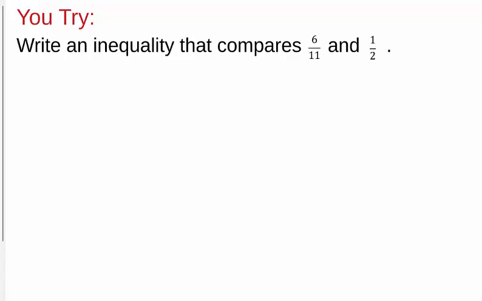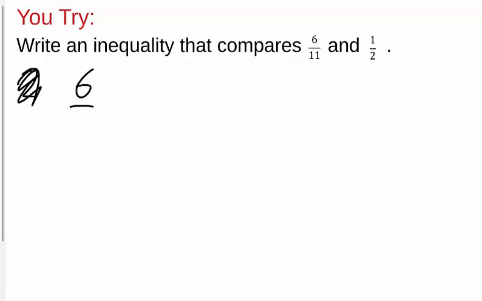So now I'm going to answer the question. 6/11ths and 1/2. Again, not easy to compare. Let's not count out the numbers this time. Let's go ahead and do what we did last time. Let's see if we can make them into something equal. What if we just multiply 6/11 by 2?